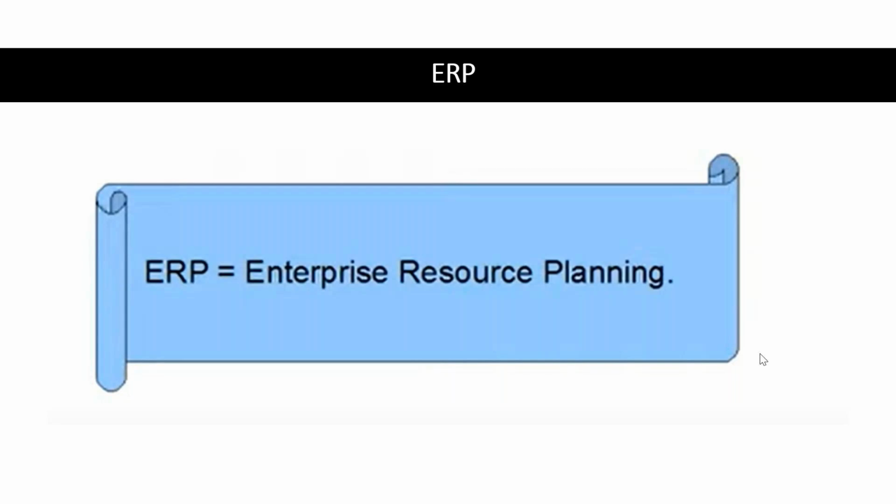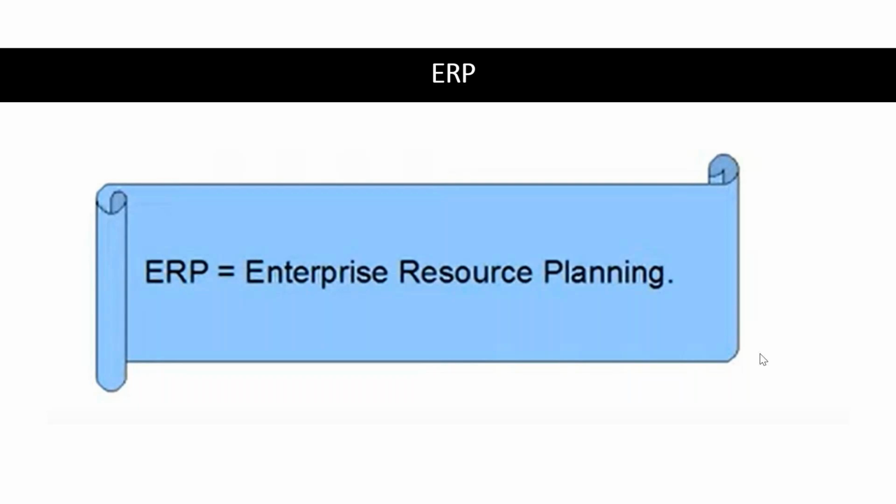Now we are giving all this definition for ERP, but how exactly this information flow is happening, that we will see. When we say ERP, it doesn't mean only the Oracle product. ERP is a concept, as I said.